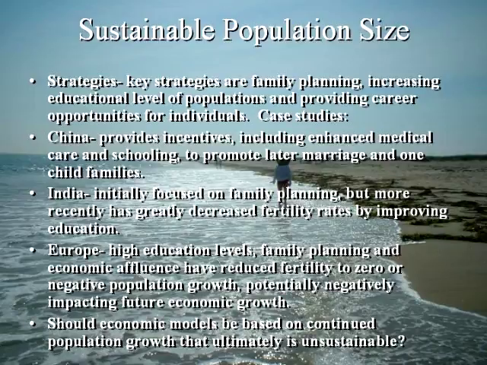But more recently they have worked on decreasing fertility rates by improving educational opportunities for their citizens, which leads again to more economic opportunities. And associated with greater economic opportunity is, again, greater age at which families are begun and smaller family sizes.